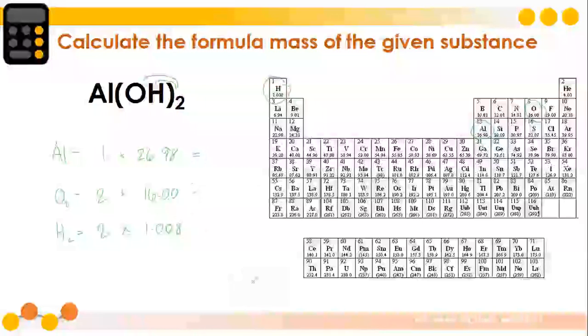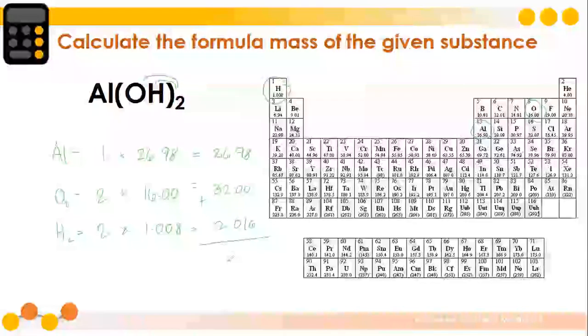Simply multiply them. So for aluminum, we have a total of 26.98. For oxygen, we have 32.00. And then for hydrogen, we have 2.016. And then what you need to do is add all of them together.